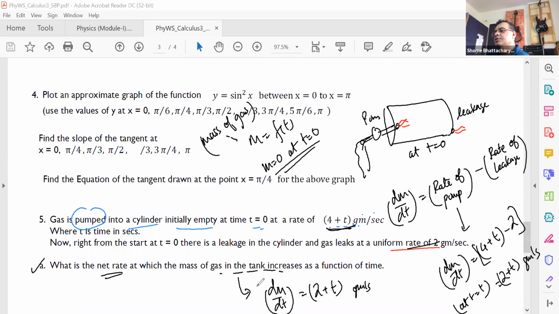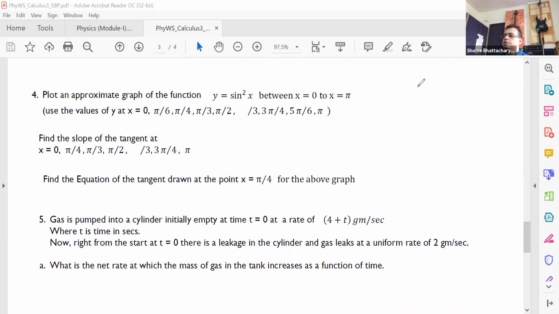So as time is progressing, the rate of increase of mass is also increasing with time. Okay, so just go through these steps and make sure this is clear. Okay, now let's use this information for the next part of the question.